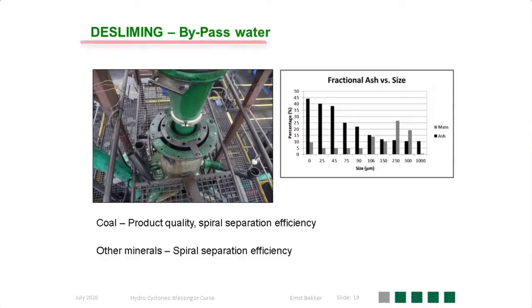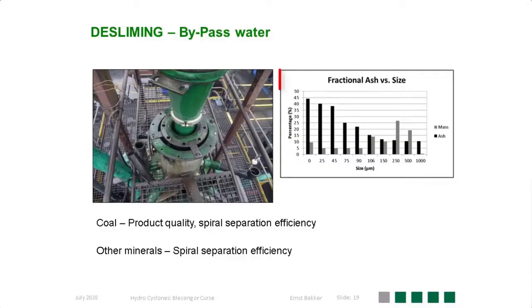Another problem with bypass water is when people install a cyclone just above a spiral. The underflow is therefore kept at a very dilute concentration to allow the spiral to operate effectively. But because you now have a dilute underflow, in this specific example of coal, the fines are also associated with high ash, as you can see on the graph on the top right hand side.